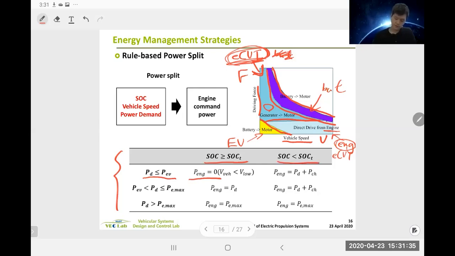But if SOC is low, then the engine should provide power demand plus charging power. Okay, and when power demand is higher than EV power but lower than engine power, then the engine produces power demand. But when SOC is low, then the engine should provide power demand and charging power.